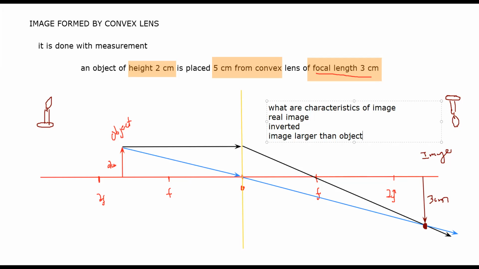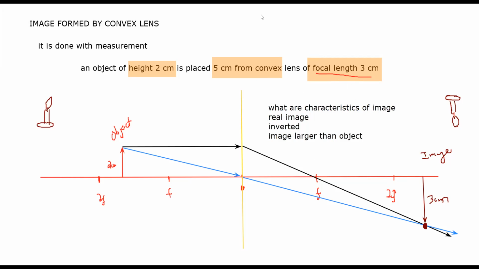So this kind of image from a convex lens can be used in projectors, overhead projectors. And real images can be taken or seen on the screen.